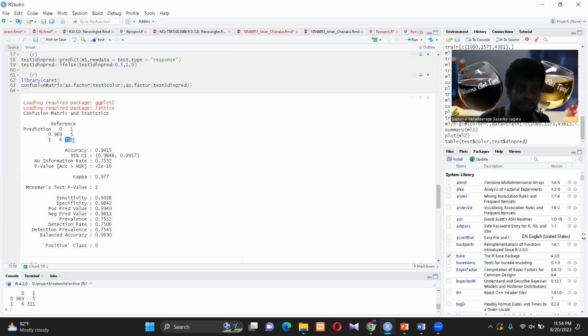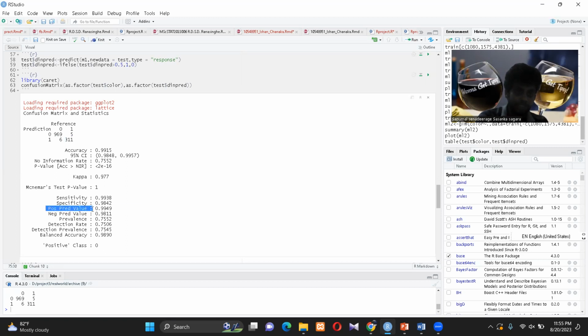And 311 red wines are explained correctly in my model, right? So five red wines are identified as white wines according to my model. Here, what is it? So six here, right?